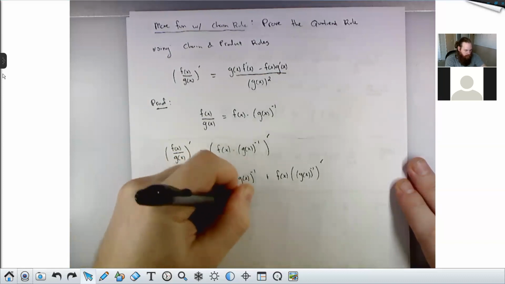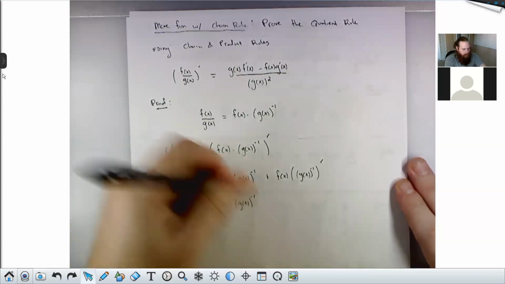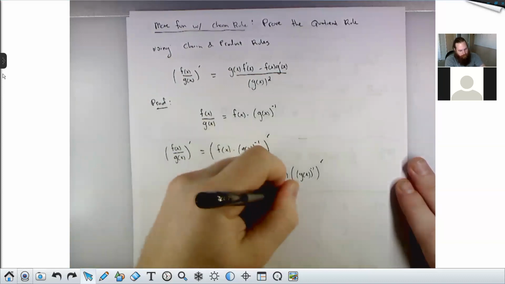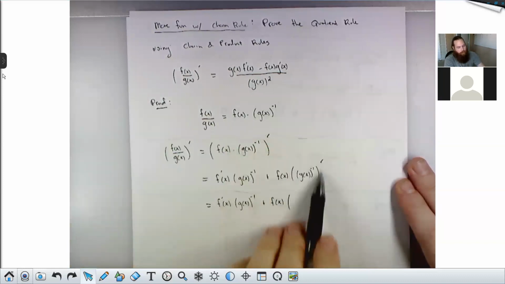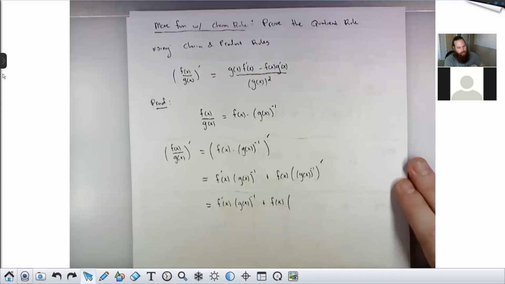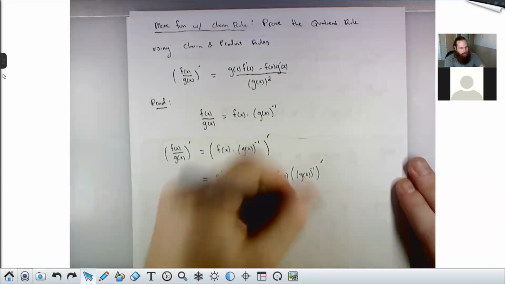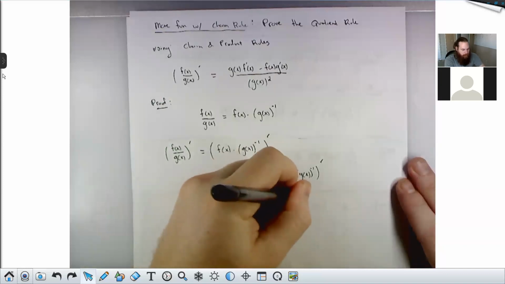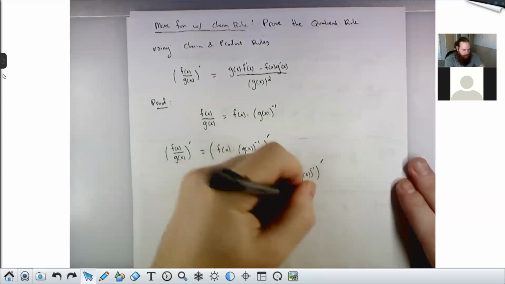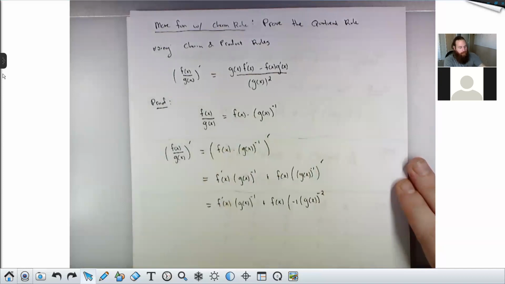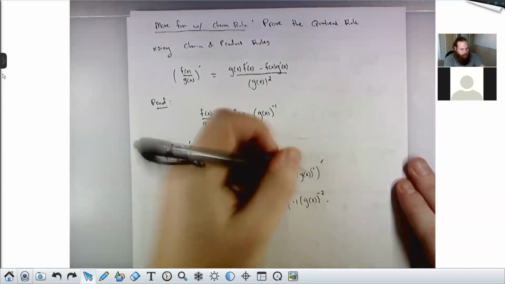This is g of x to the negative 1 plus f of x times this piece right here, which I would differentiate using the chain rule. My outer function is the negative first power, so I'll bring that power down and then reduce the power by 1. That's the derivative of my outer function.